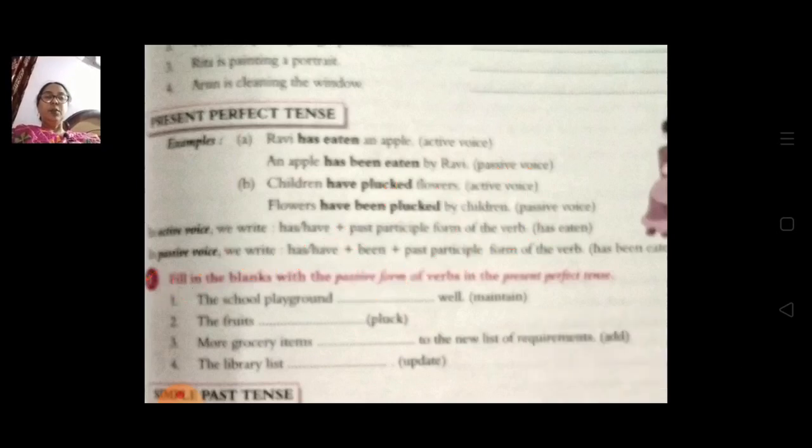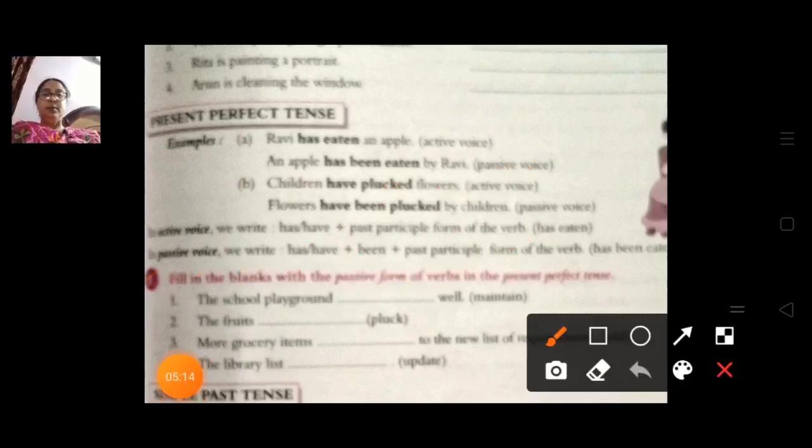Now we are moving to the third. More grocery items dash to the new list of requirements. The verb add is given over there.